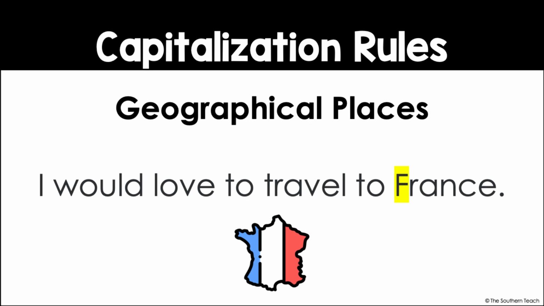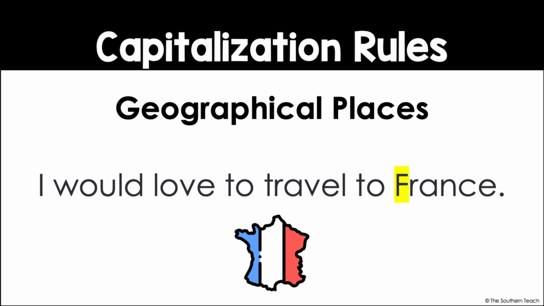We capitalize geographical places. Here is the example. I would love to travel to France. France is capitalized. So names of countries, France, Spain, Japan, China, Russia, United States, and even the states that we live in.